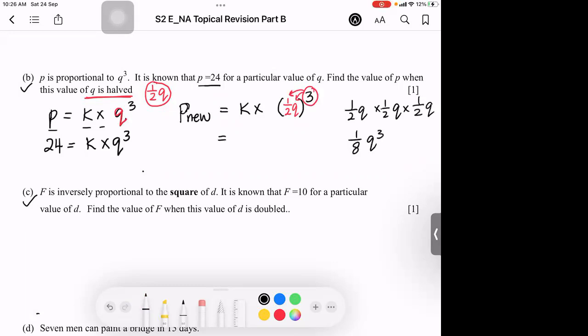So this is k times 1/8 Q to the power of 3. We know k times Q cubed is the number 24.